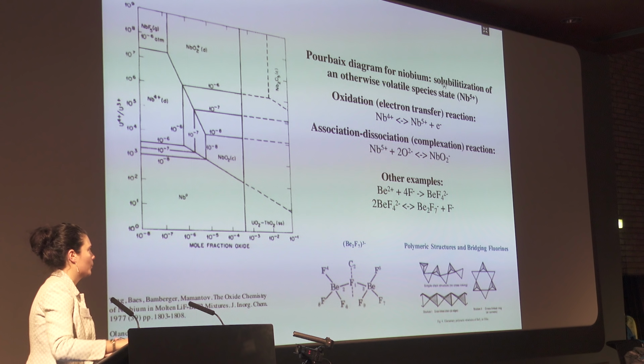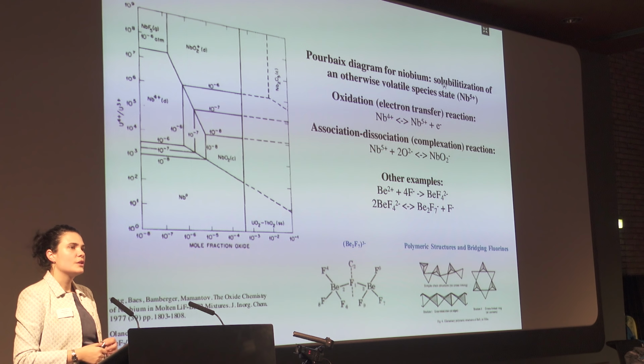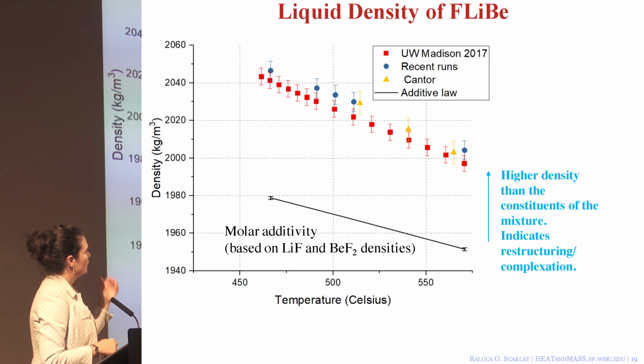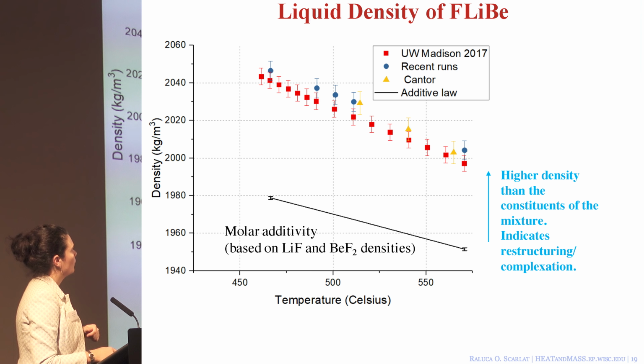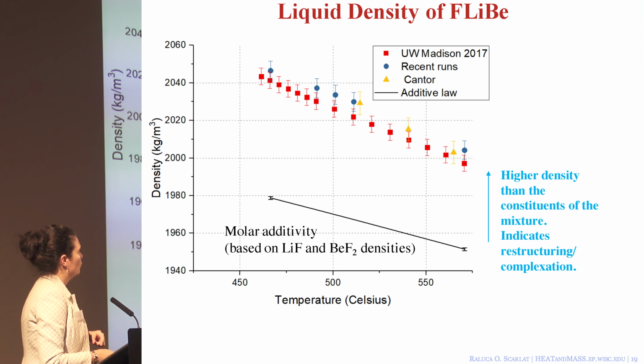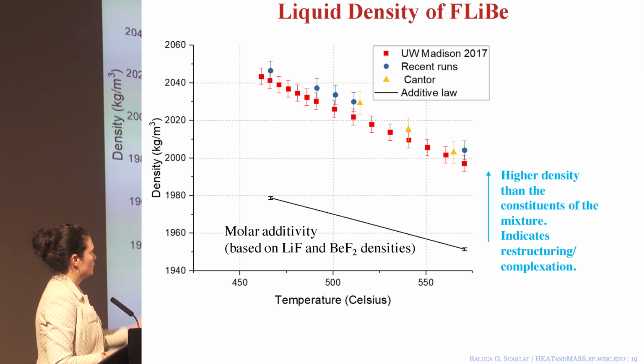And there are many other examples of complexing species that will affect the acidity of the melt, and hopefully we will have both theoretical models and experimental methods for measuring acidity in the salt more readily available to us in the molten salt community. And here is yet another example of how acidity and complex ionic structures will also change the thermophysical properties of the salt.